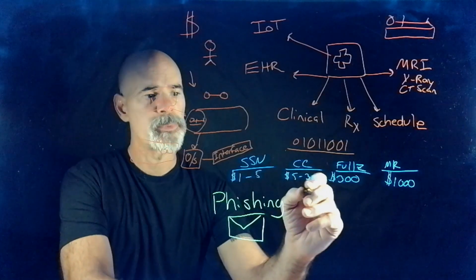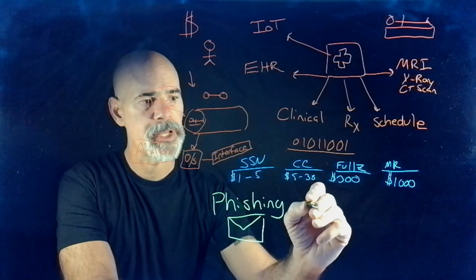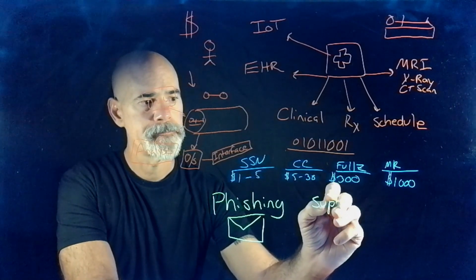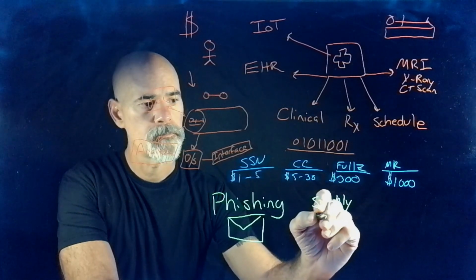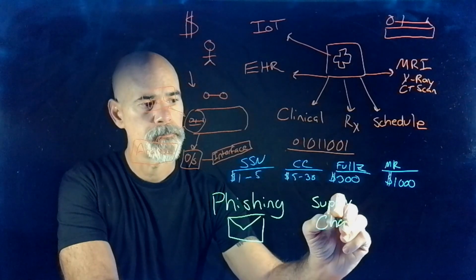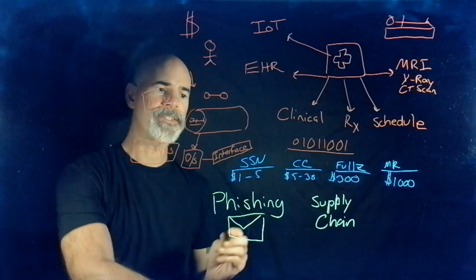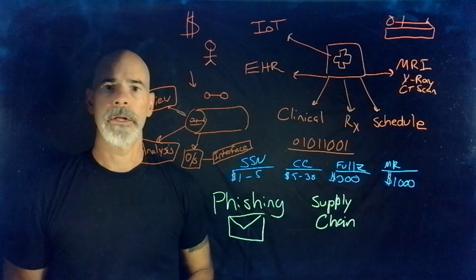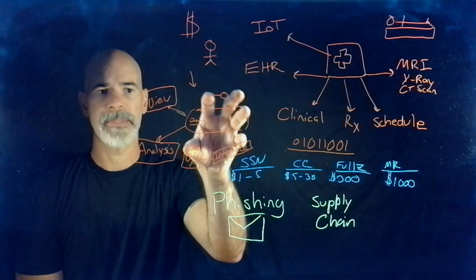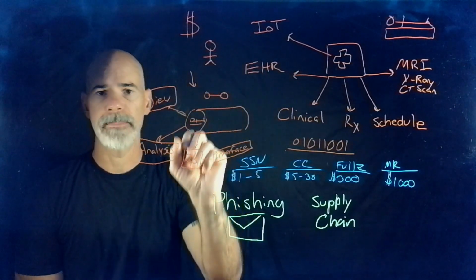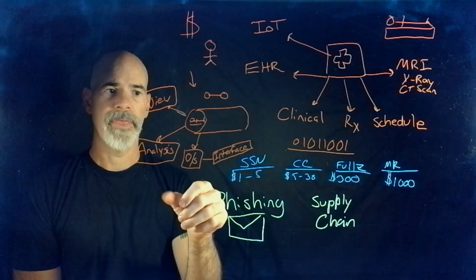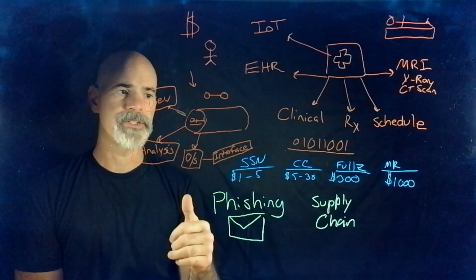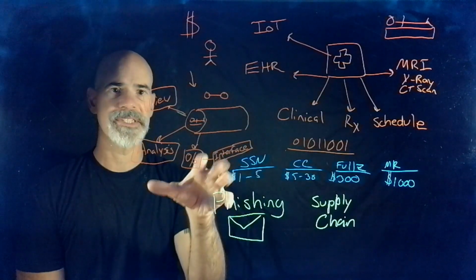The other challenge that we have here is the supply chain. Because there's a complex environment here, as I mentioned, you have these MRI machines or other devices in the hospital environment that have a lot of different connectivity into the overall system.